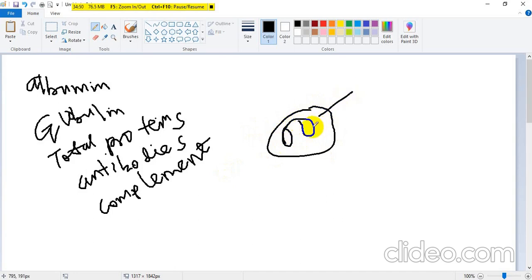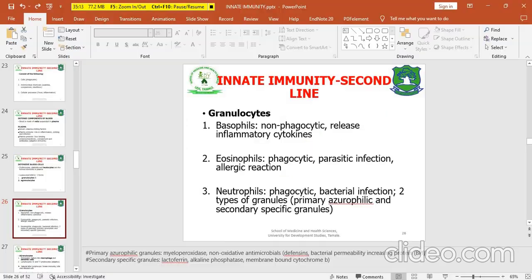So this is their nucleus. And this is the cytoplasm. Cytoplasm is here, nucleus is here. The nucleus is bilobed. It's a spectacle shape.